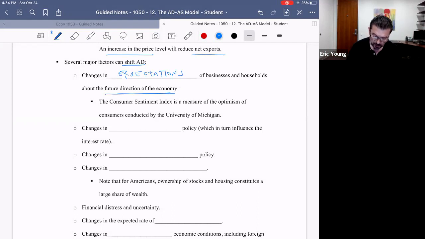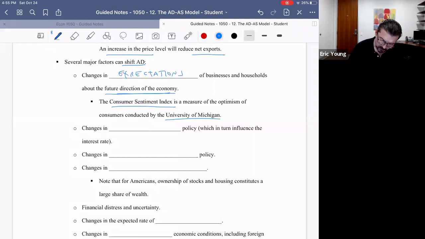In fact, there's a whole index that the University of Michigan puts together that is called the Consumer Sentiment Index. What this does is it polls people randomly, it asks a series of questions about attitudes, and over time, they plot out the ups and downs of consumer sentiment, of consumer feeling, of consumer comfort or fear about the economy, okay? So we can shift AD if expectations change.